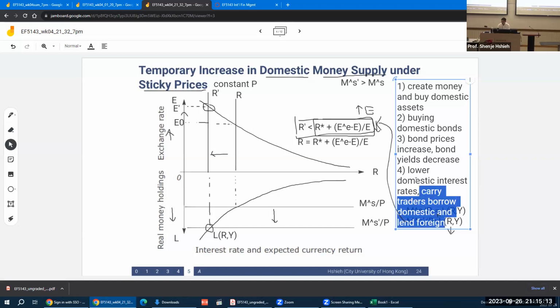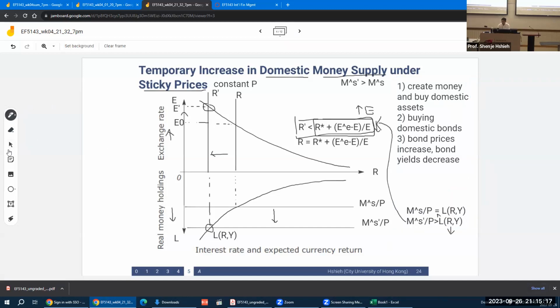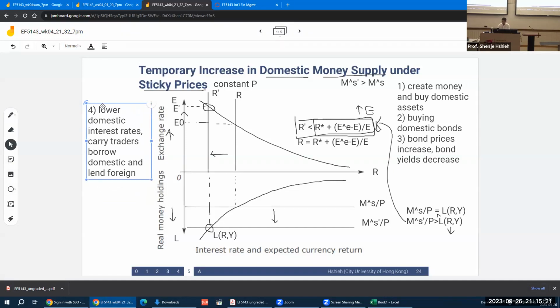Lower domestic interest rates, carry traders borrow domestic, lend foreign. And this will require selling domestic currency for foreign. Domestic depreciation.